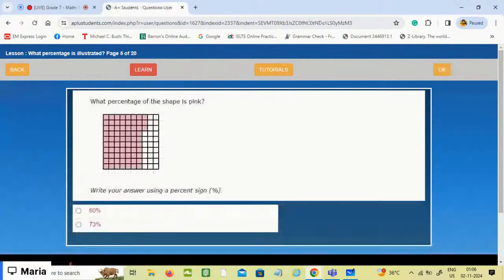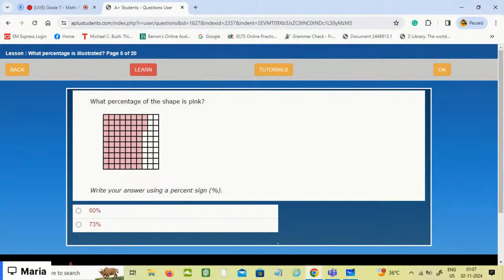What percentage of the shape is pink? Yeah, very good. That is 73%. Option number 2 is the correct option.